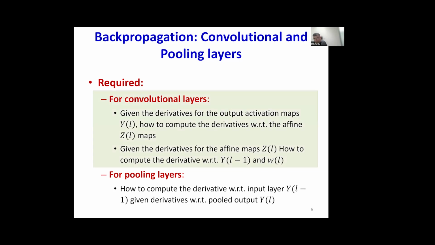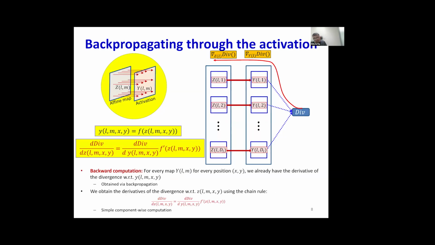Now, for the first one, the derivatives for the convolutional layers, given the derivatives for the output activation maps, how would we compute the derivatives with respect to the affine map? This was easy. Here's how we did this. To get the activation map from the affine map, we applied an activation function pointwise to all of the elements in the affine map. And this gave us the activations in the activation map.